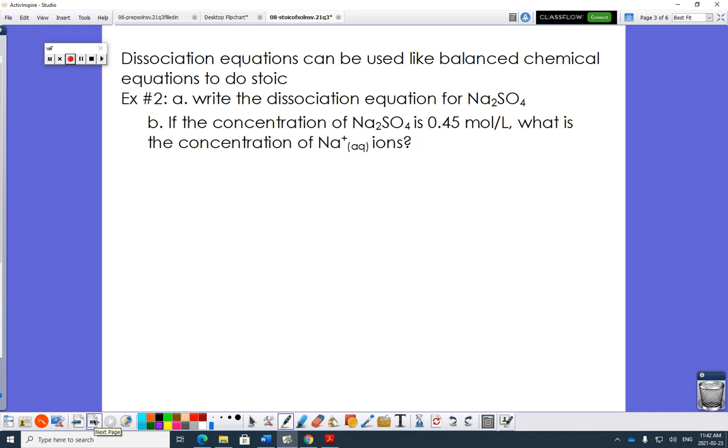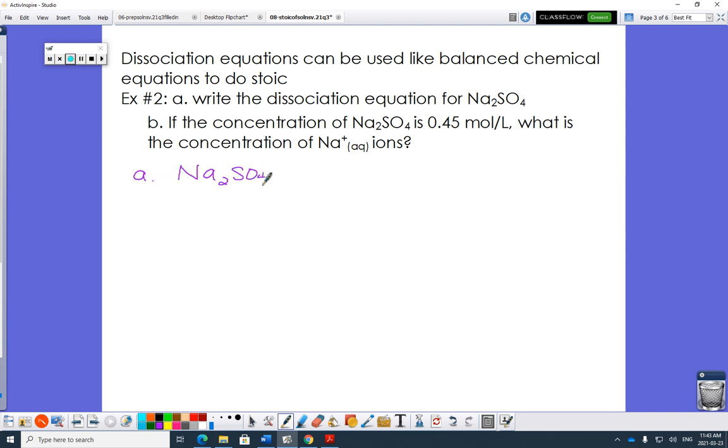We can treat them like a balanced chemical equation. So if I want you to do solution stoichiometry using a dissociation equation, I wouldn't just give you B like this, okay? So part A would always be write the dissociation equation, which we already did, but we can do it again.